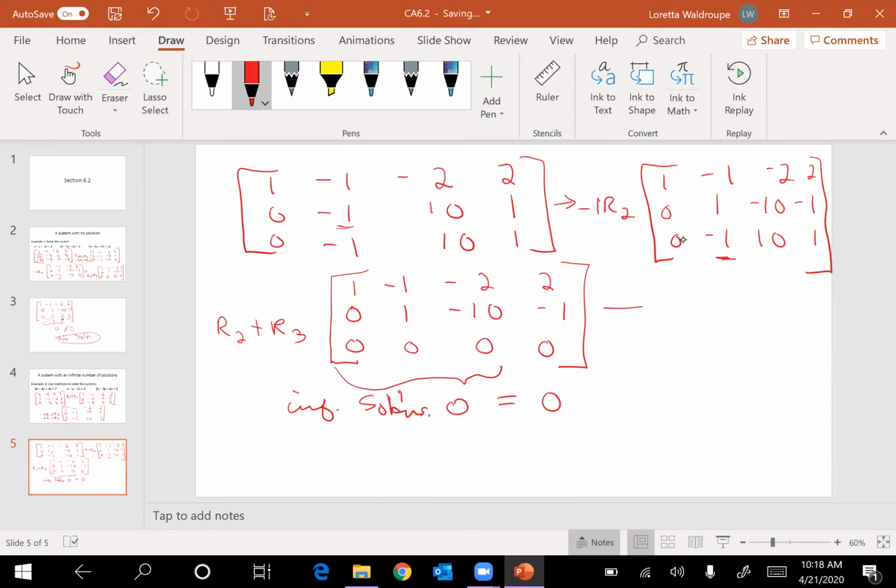For this second equation, I have no x's, so I have y minus 10z equals -1. If I solve for y, y equals 10z minus 1.